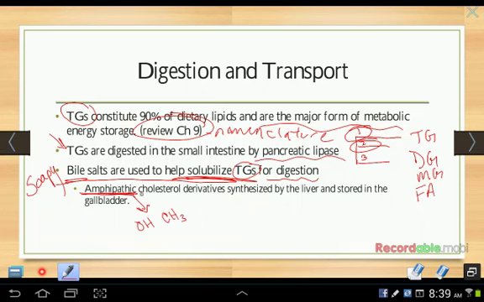Okay. Cholesterol derivatives, they are synthesized by the liver. After synthesis in the liver, they are stored in the gallbladder until they are excreted into the small intestine to help digest lipids.